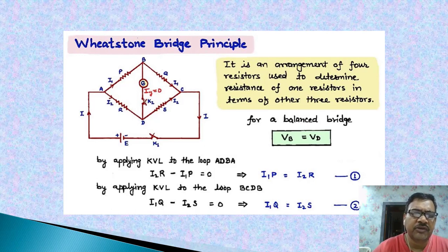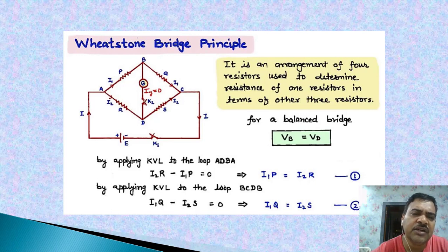Now in this one we connect a galvanometer between B and D, in which a current IG is flowing, and we connect a cell or battery between A and C. We choose the balancing condition when no current is flowing through the galvanometer, which means points B and D are at the same potential, so no current will flow through the galvanometer.